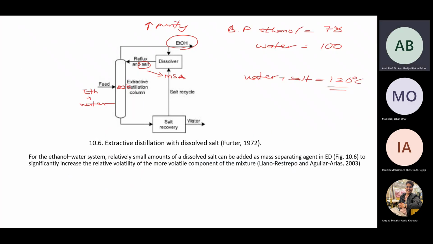Now here, an example of application of the MSA. We have here the feed, ethanol and water. Ethanol boiling point is around 78, water is 100. So ordinary simple distillation will be quite challenging, because the boiling points are quite near.